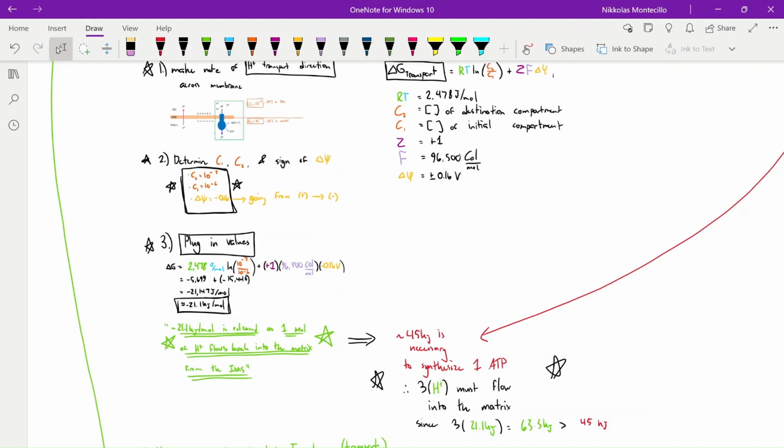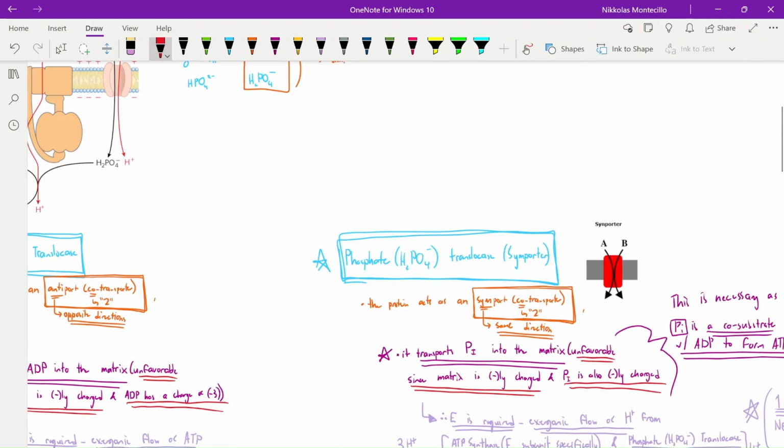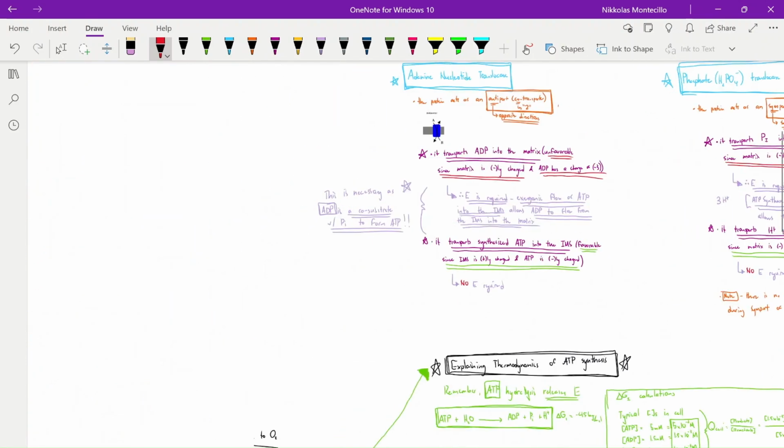Therefore, 3 protons are required to synthesize 1 mole of ATP. And to get the inorganic phosphate group that reacts with adenine diphosphate, right? We need that inorganic phosphate to be transported into the matrix, and that happens through the phosphate translocase symporter, right?